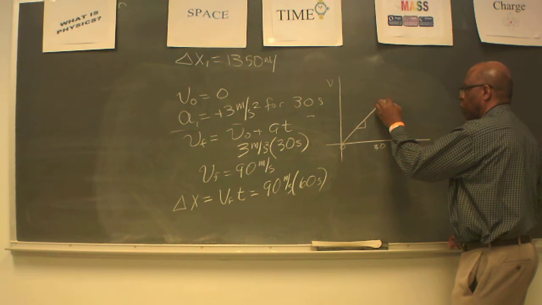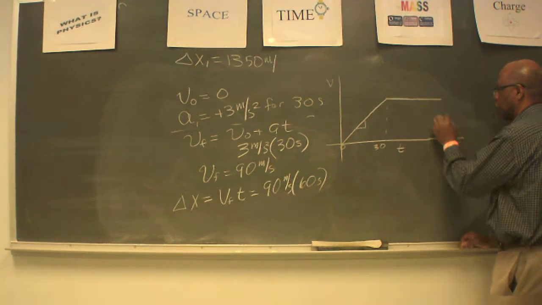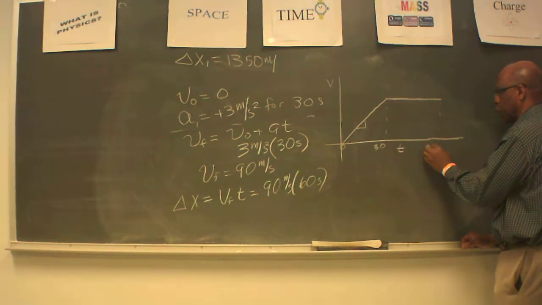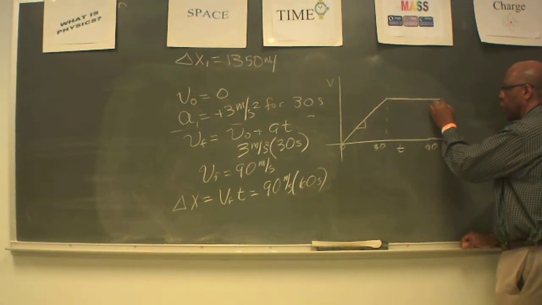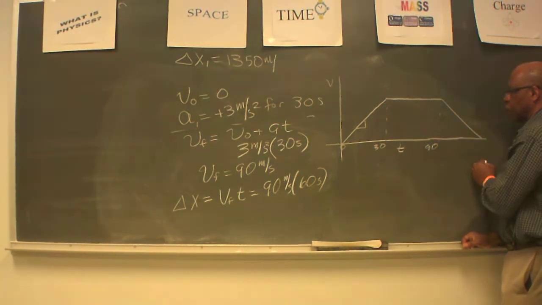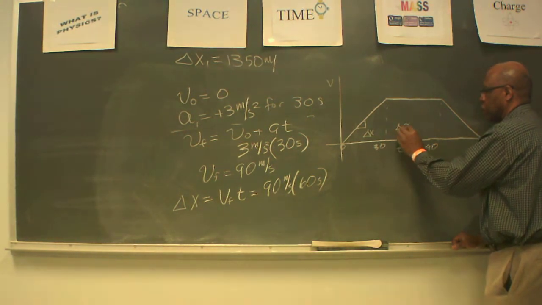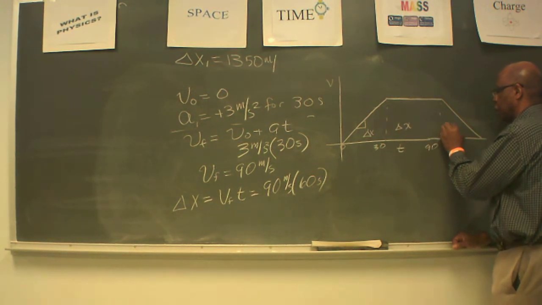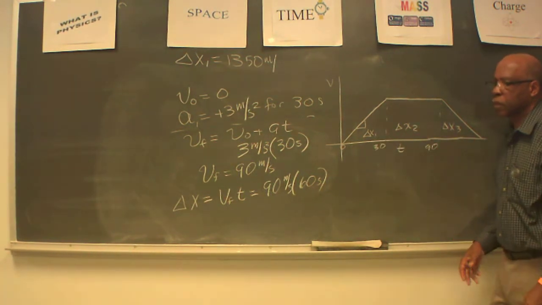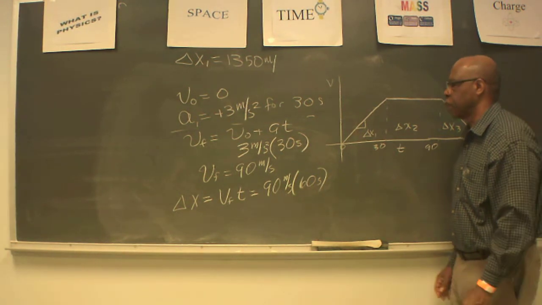You then travel for 60 seconds at a constant speed, and then you slow down to a stop. So you're going to have to find delta x1, delta x2, and delta x3 in order to solve the problem, how far did you travel?